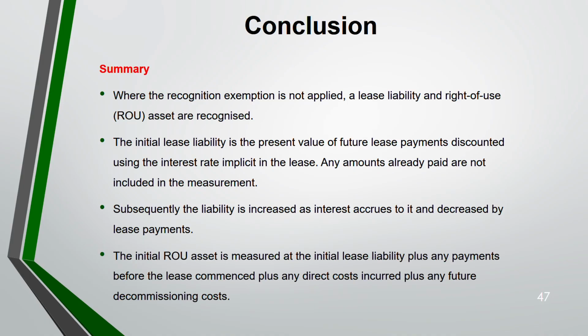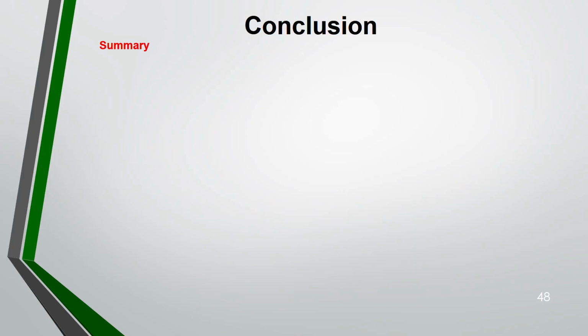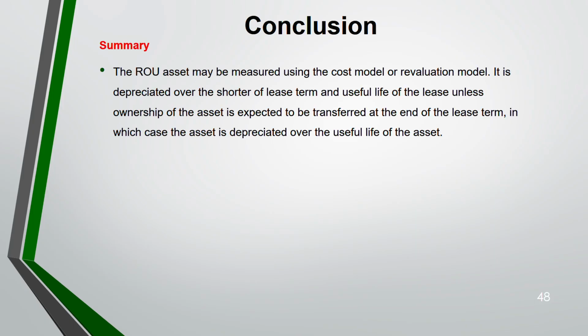Then the initial measurement of the right of use asset is the initial lease liability plus any payment made before the lease has started, plus any direct cost, plus any future decommissioning cost. The right of use asset can be measured using the cost model or revaluation model.